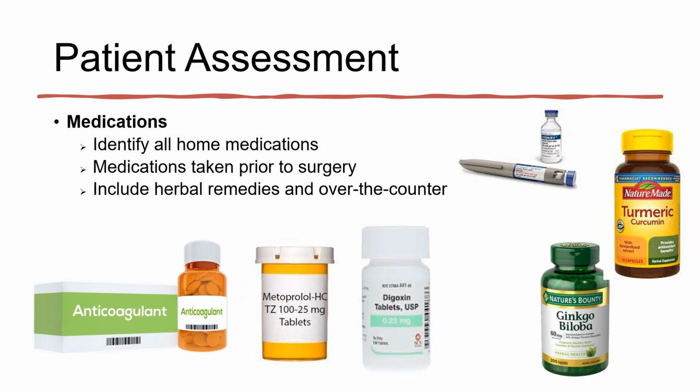Of course, when you get into practice and you start working somewhere, you're going to follow your facility protocol or your physician preference. But for us, we are going to say about 48 hours prior to surgery, any anticoagulants need to be stopped. This makes sense because we don't want the patient to easily bleed or hemorrhage during the surgery. And very important, you should be familiar with anticoagulant names.